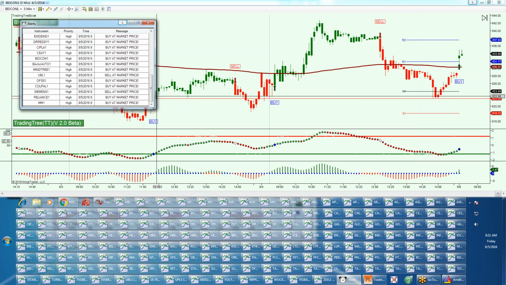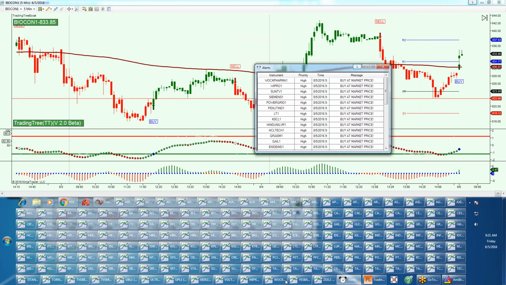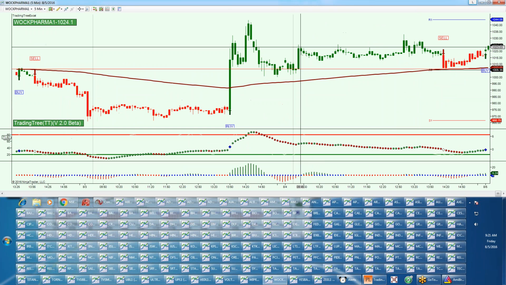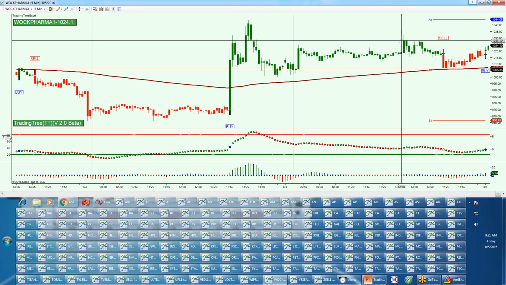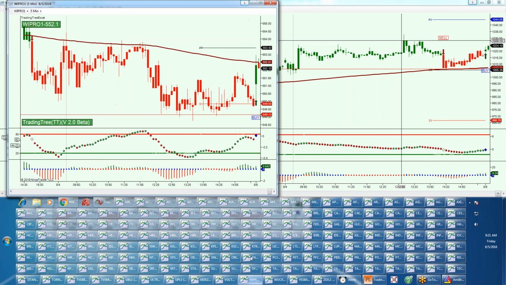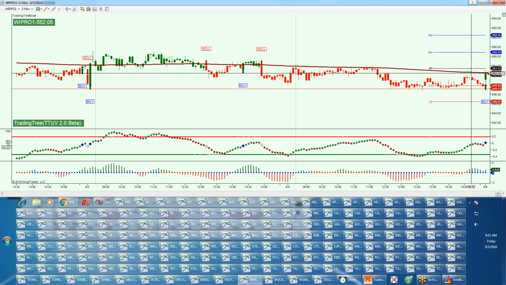And the calls that get generated, we'll have it in this alerts box. So we have Vocard. So 1028 for Wockhardt. Wipro, we have these two resistances, so let's take a level above the PP, that is 554 for Wipro.